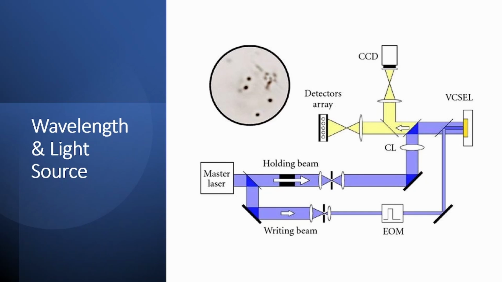The commonly used single mode fiber wavelengths are typically 1310 nanometers and 1550 nanometers.